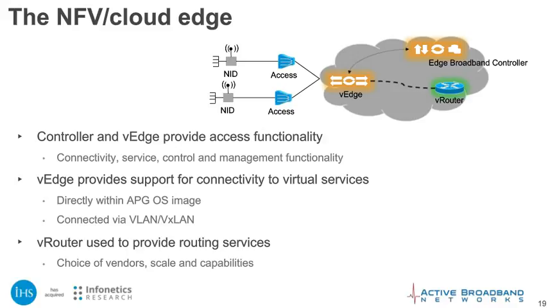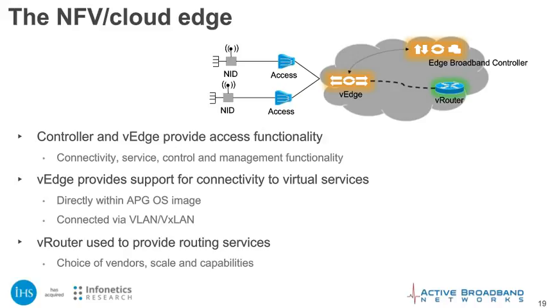The virtual edge controller controls that edge, and behind that we put a vRouter. And the vRouter is doing a role very similar to that of the bolted together functions that exist in the less flexible hardware-based platforms.